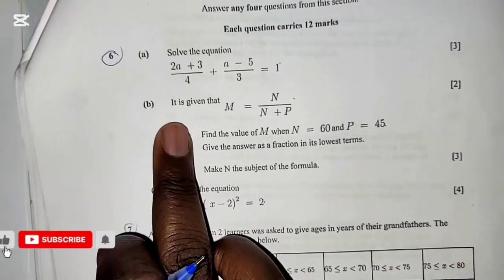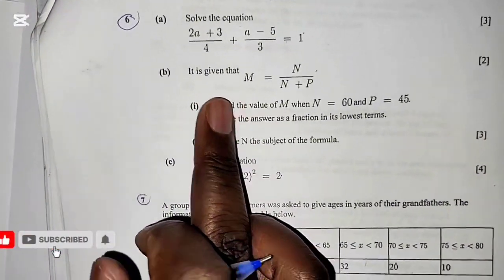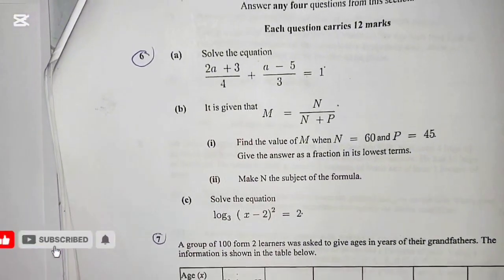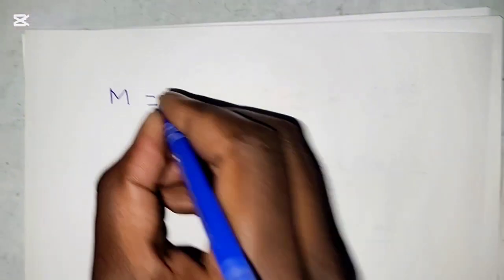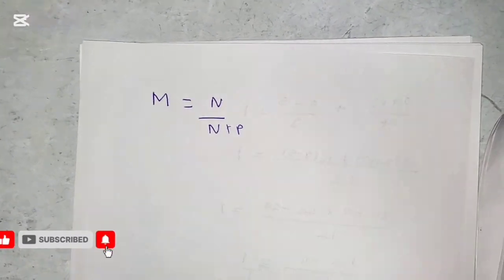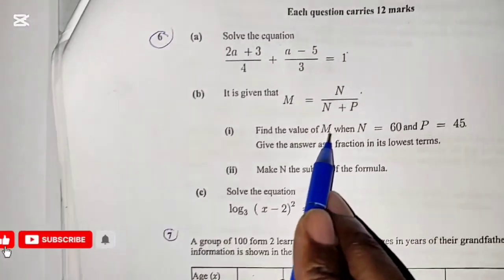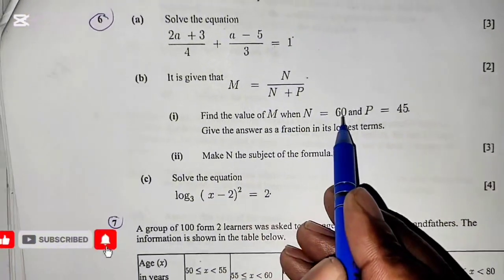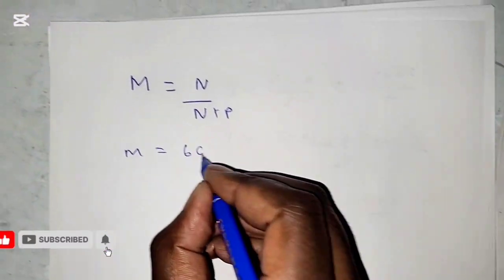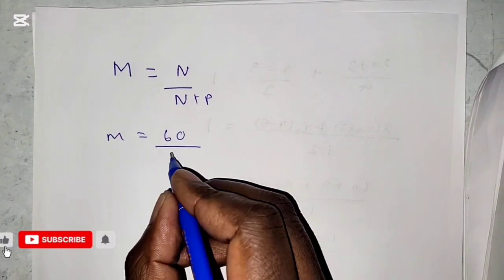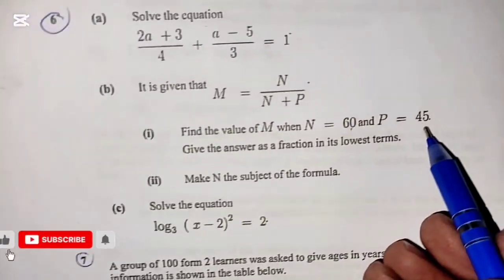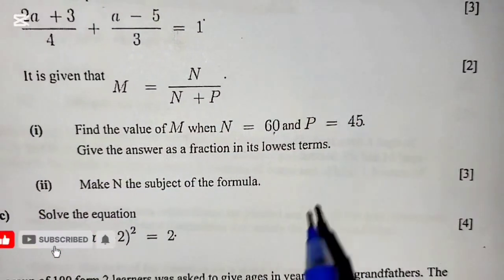So part B of the question says it is given that m is equals to n over n plus p. Find the value of m when n is equals to 60 and p is equals to 45.